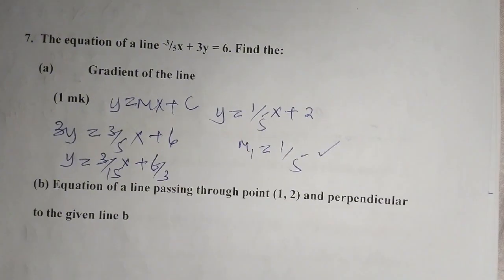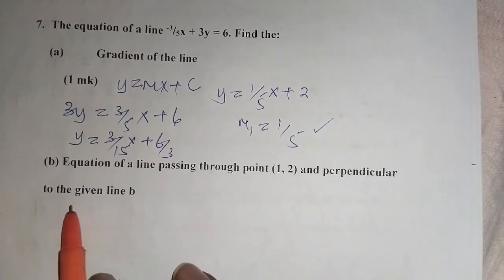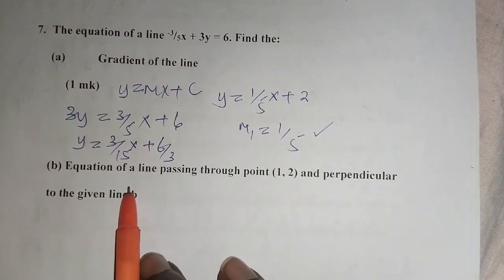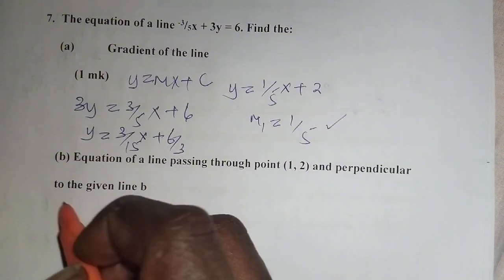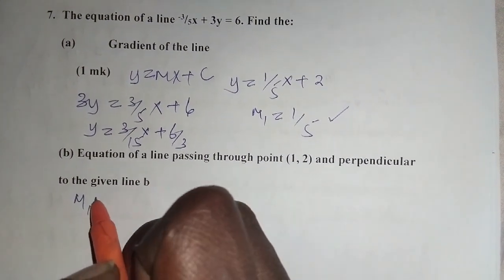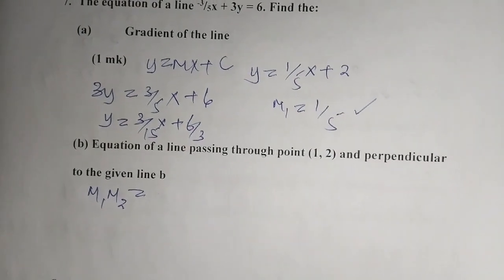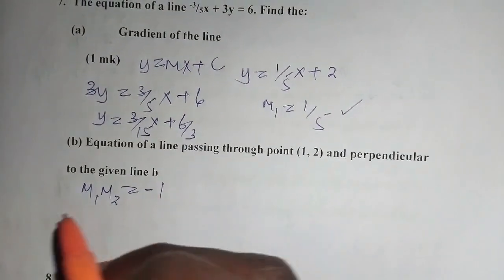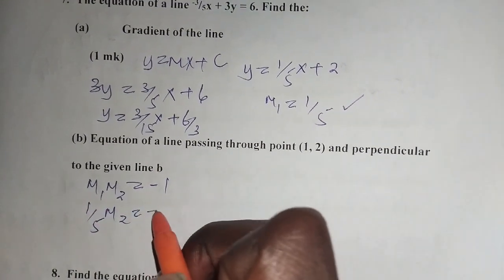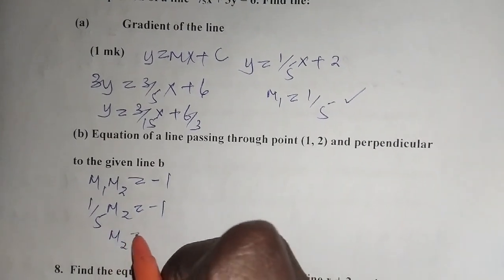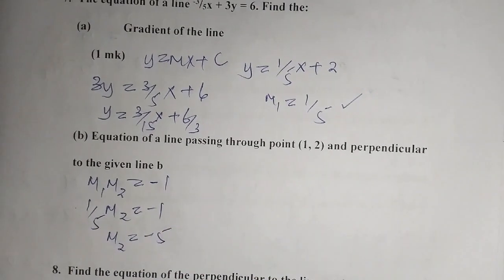Then the equation of a line passing through (1, 2) and perpendicular to the given line B. If it is perpendicular, you know that m1 times m2, when you multiply the gradients of two perpendicular lines, it will give negative 1. So we have 1 over 5 times m2 is negative 1. It implies that m2, multiplying by 5 on both sides, becomes negative 5.